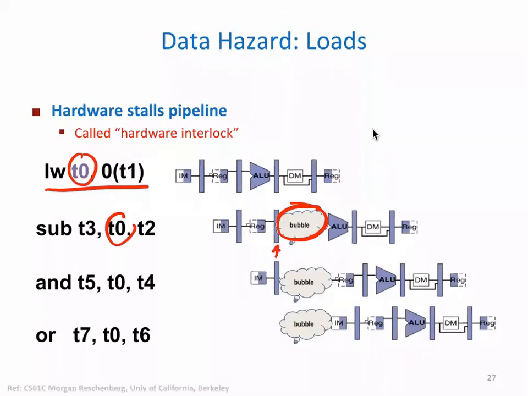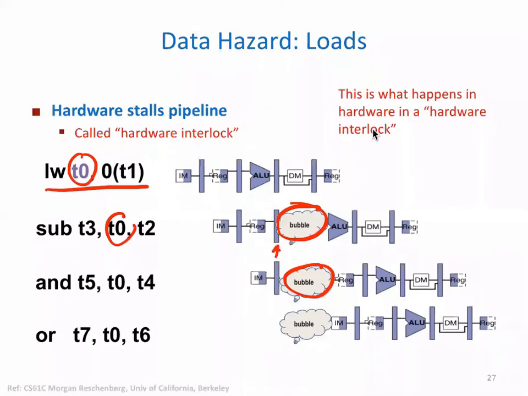So we can use a combination of this bubble and forwarding to get the answer. At this point in time now the result is available and it can be forwarded from here.